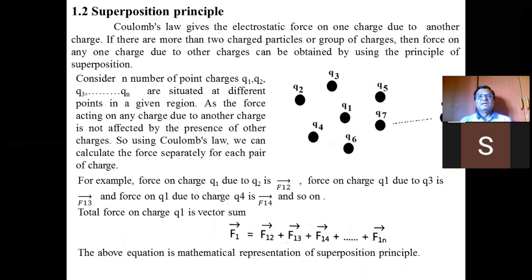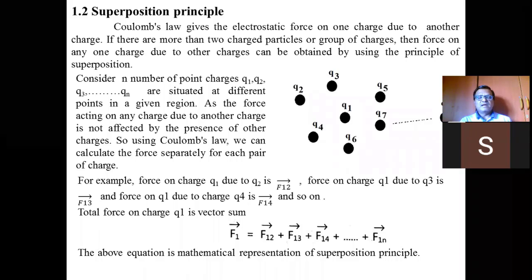Then we know, according to Coulomb's law, the force between them is Fc equal to beta into q1 q2 upon r square, where the value of beta is calculated by using the system of unit. Here the SI system of unit is used, and then the medium. The value of beta depends upon the system of unit and the medium.